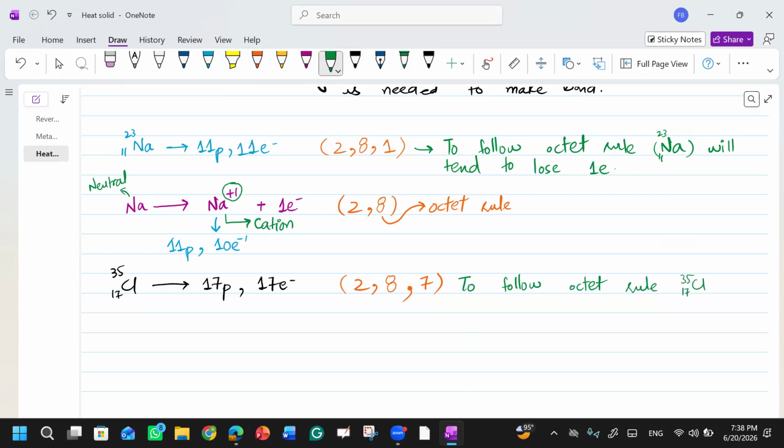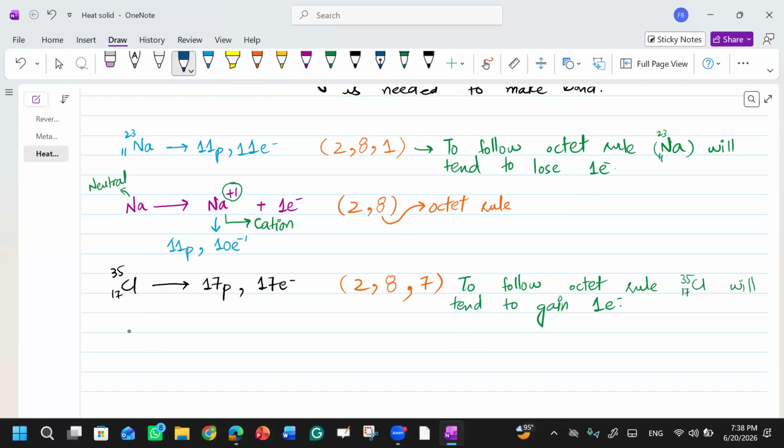The chlorine atom will tend to gain 1 electron. Are you clear with this statement? Do you have any confusion?